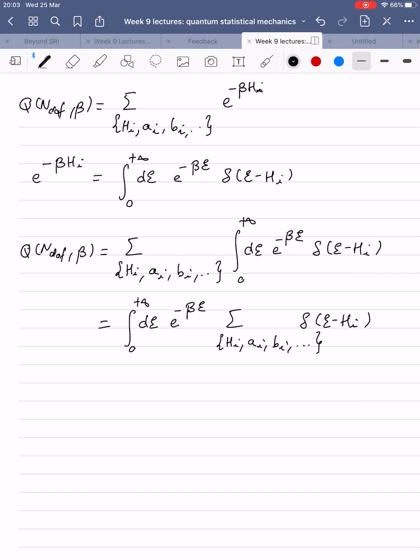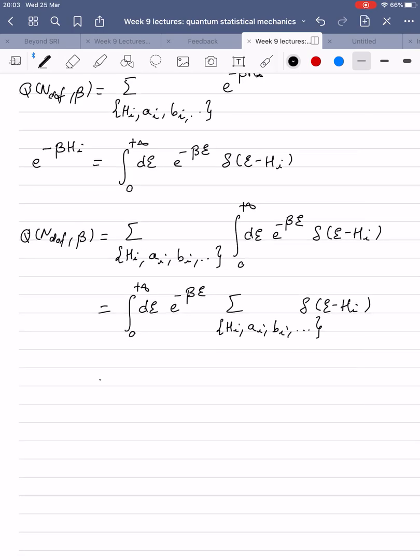Right, we're almost there. Finally, I write something different. I write this particular thing as the integral from 0 to plus infinity d epsilon exponential minus beta epsilon. Then I write this as sum over all possible values of H_i, sum over all possible values of a_i, b_i, etc. given H_i, and then delta of epsilon minus H_i.